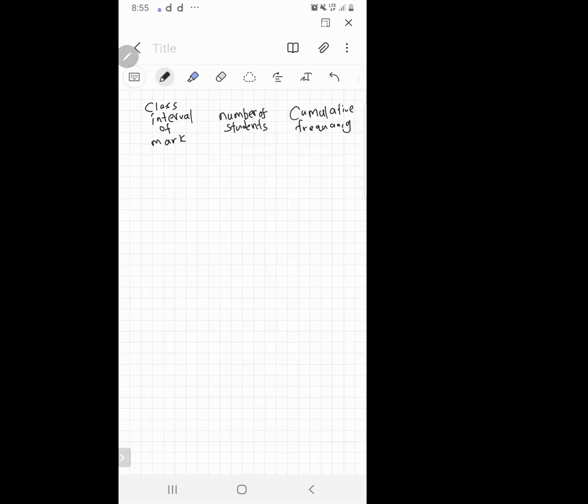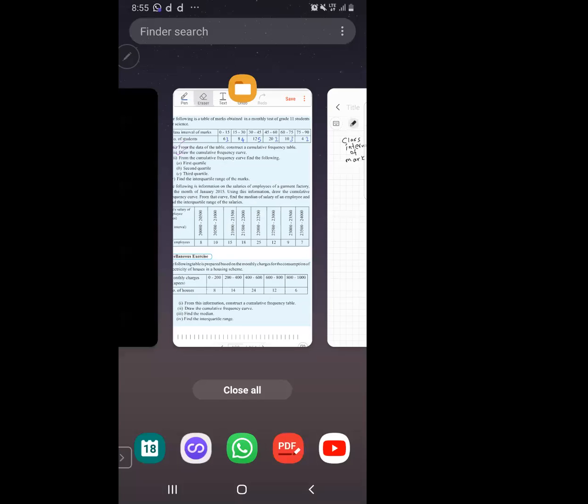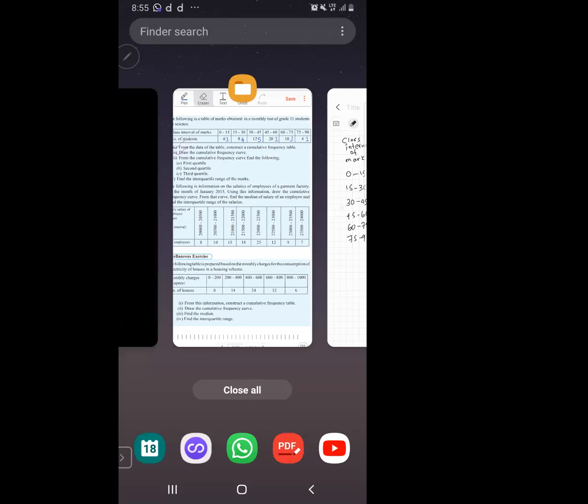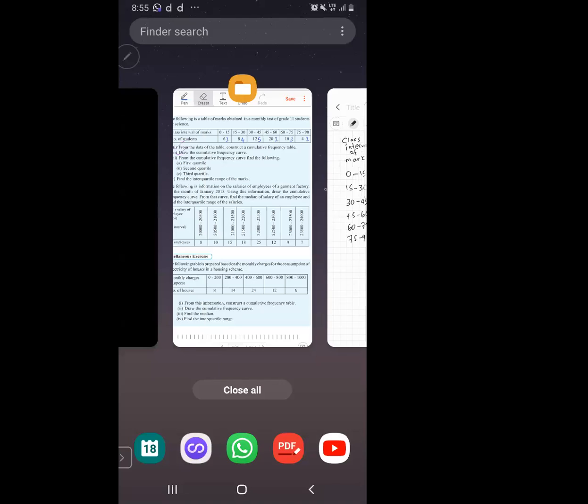So cumulative frequency. So here they give marks 0 to 15, 15 to 30, 30 to 45, 45 to 60, 60 to 75, and 75 to 90. The number of students: 3, 4, 5, 2, again 3, 2.